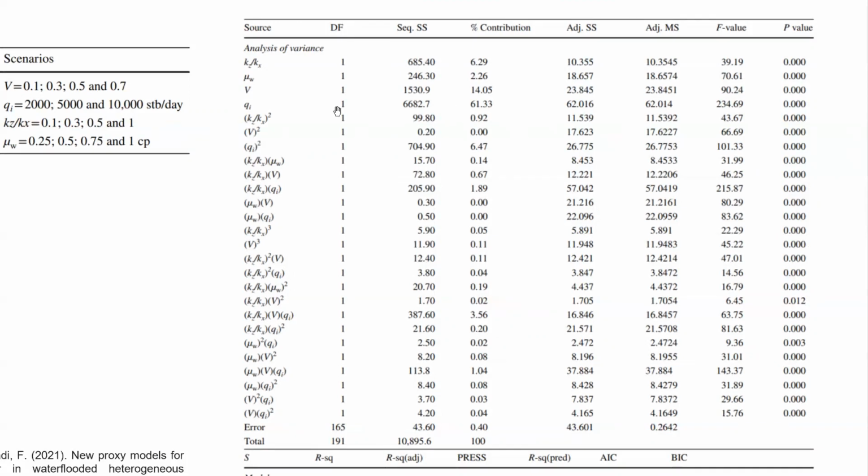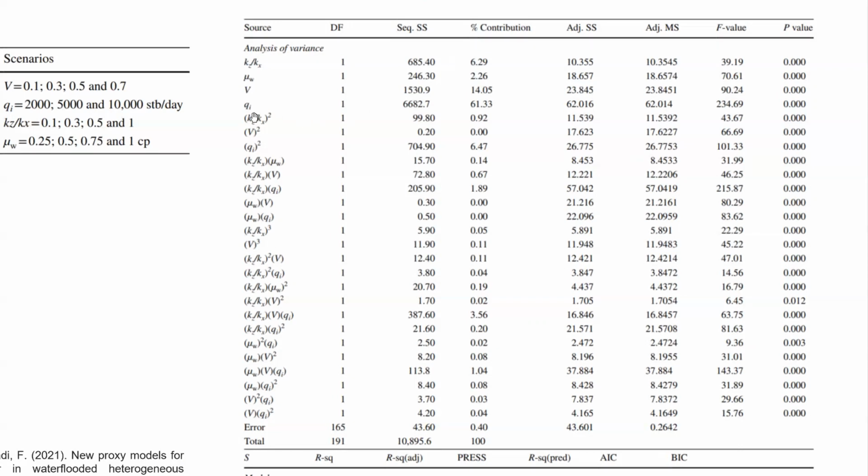If you consider only the basic parameters, the third most important is the anisotropy between vertical and horizontal permeability. The least important parameter is the water viscosity, which still has a contribution of 2.3%.